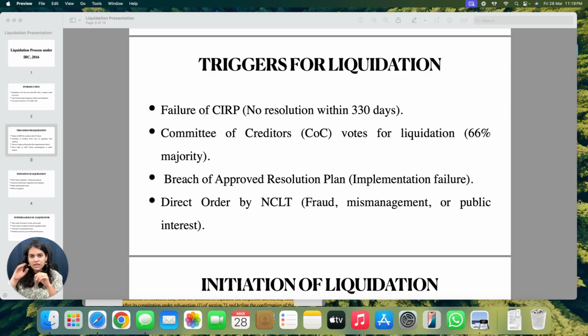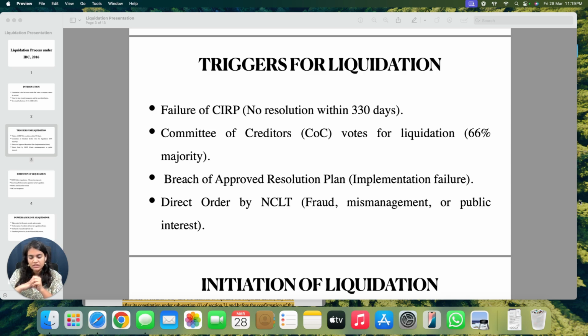So earlier, it was common practice that once the resolution professional is confirmed, he may also, at the discretion of the committee of creditors, continue on as a liquidator if such need arises.